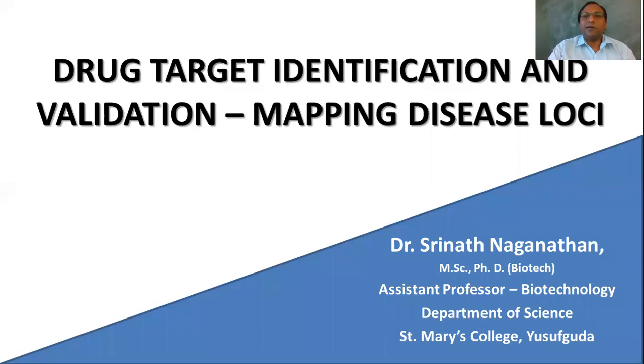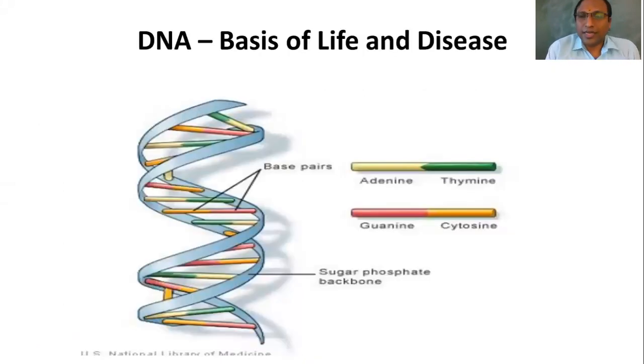In this mapping, the basic idea starts with our central dogma of molecular biology. In the central dogma, the important aspect is our DNA. The DNA acts as the basis of life and disease.